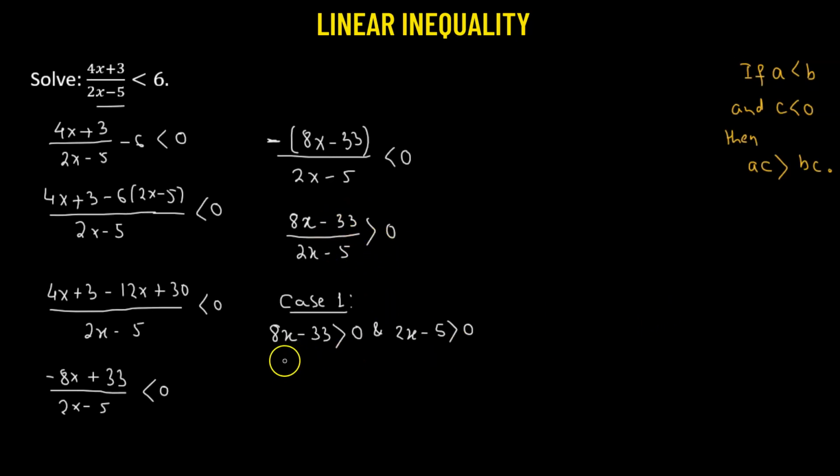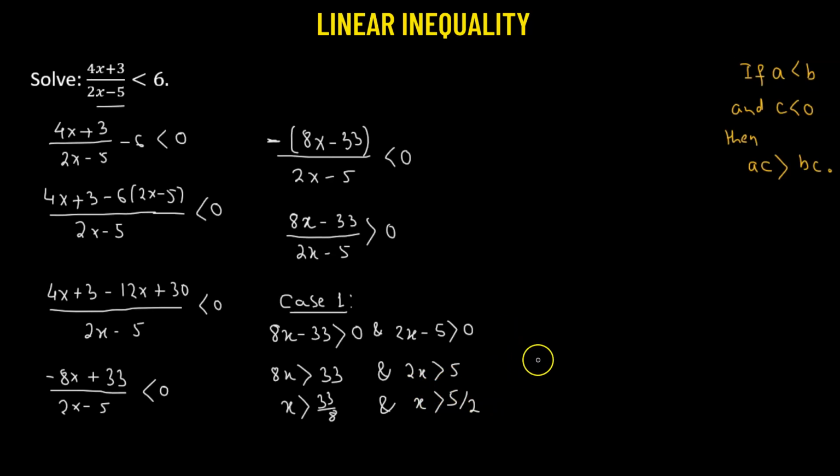And let's solve this. So we have 8x is greater than 33 and we'll divide both sides by 8. So we have x is greater than 33 divided by 8. And we have 2x greater than 5 and we'll divide both sides by 2. So we have x greater than 5 over 2.